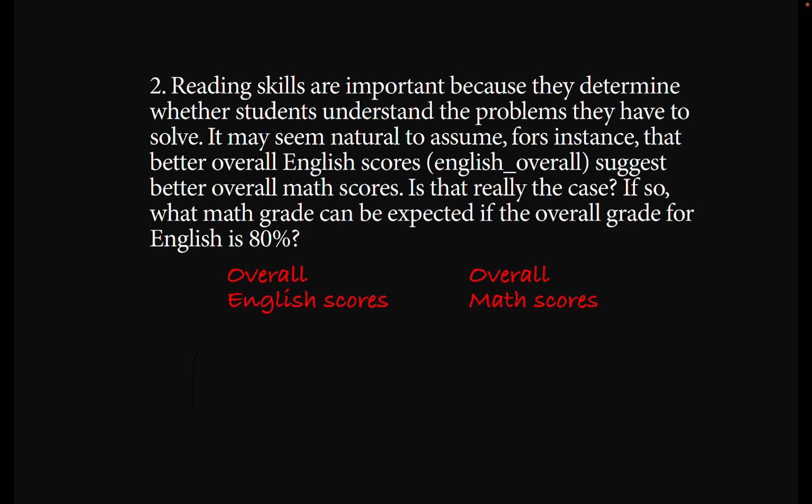It may seem natural to assume that better overall English scores suggest better overall math scores. So it works like this: if my English scores go up, so do the overall math scores, this is suggesting. So this is a case of correlation, and they're both going in the same direction, so it's a positive correlation.